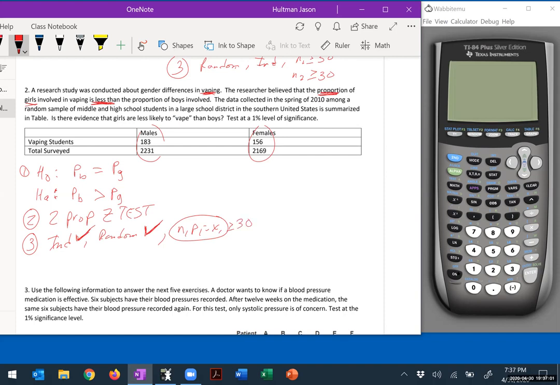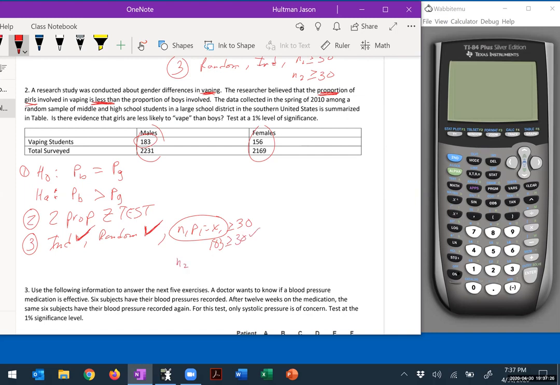Well, yeah, there's 183. So x1 is the number of boys vaping, in the group of boys. So 183 is greater than or equal to 30, so that checks.